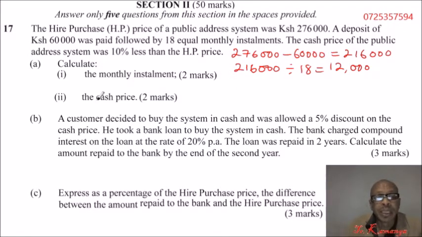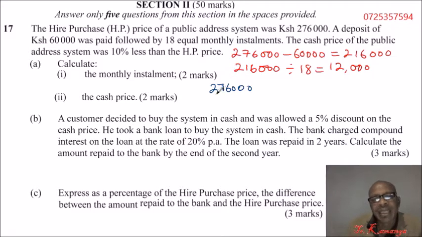Roman number 2, the cash price. We are told that the cash price was 10% less than the hire purchase price. The hire purchase price is 276,000.